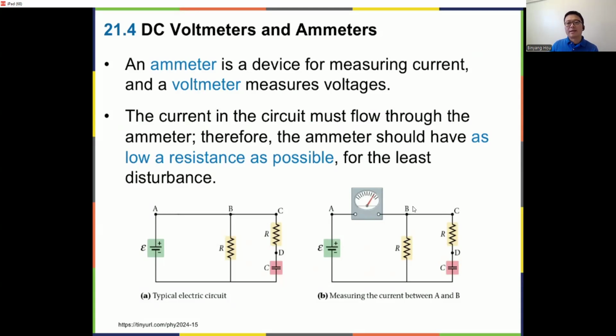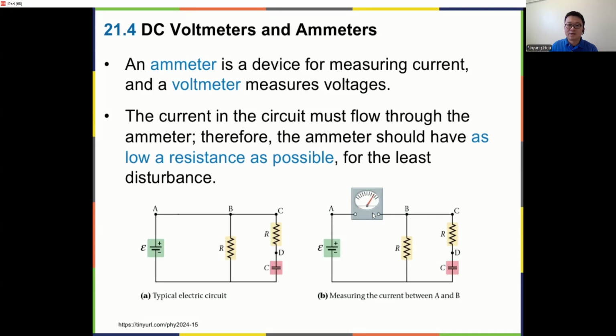Because the resistance here is very small, you need to be very careful when measuring current. If you accidentally put this parallel to an element, there's very small resistance in it, so the current going through it will be very large because I equals V over R. Then you will burn the ammeter very quickly.